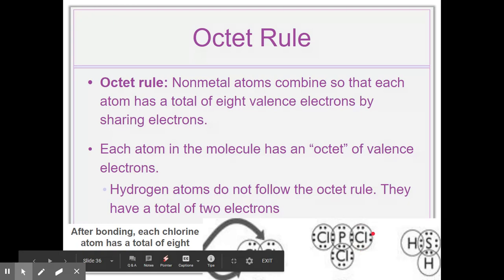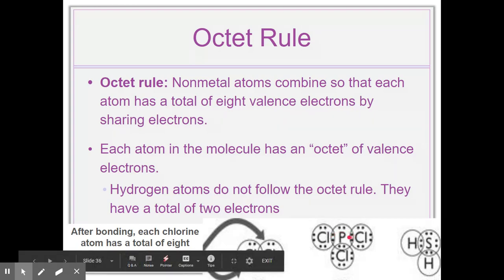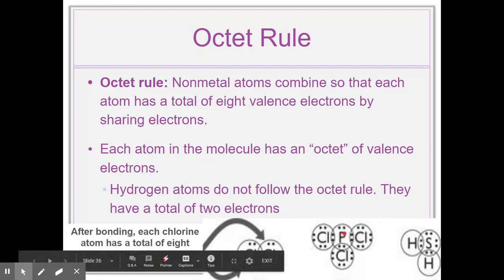Like in this one, there are 3 chlorines and 1 phosphorus. Each circle contains 8 valence electrons, which is our goal. But what these overlapping circles mean is that those electrons are being shared. It's not like this chlorine is stealing from the phosphorus. These atoms are sharing those electrons equally.